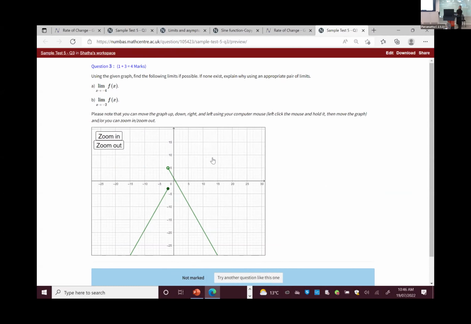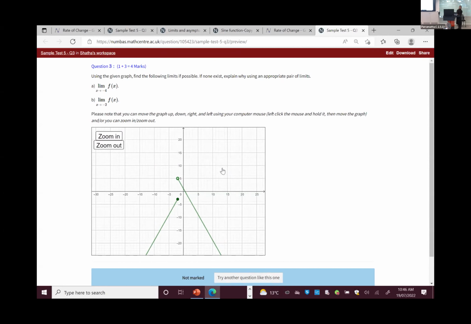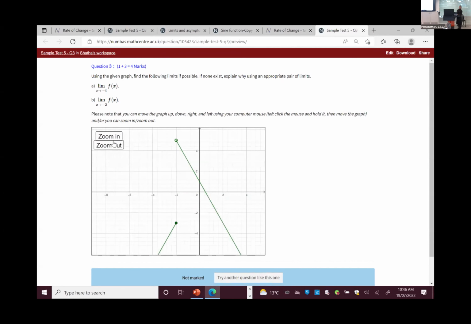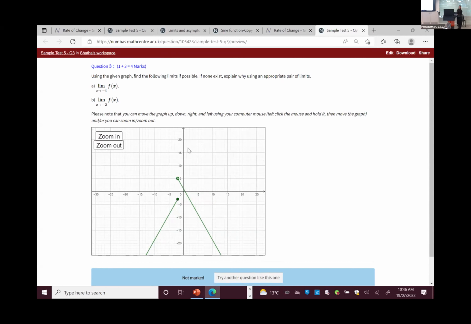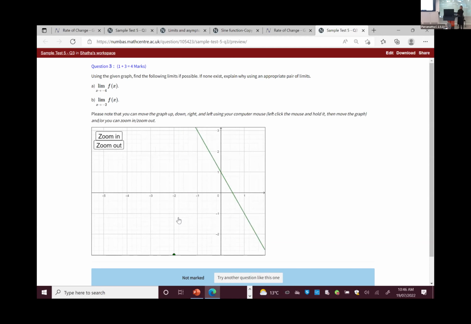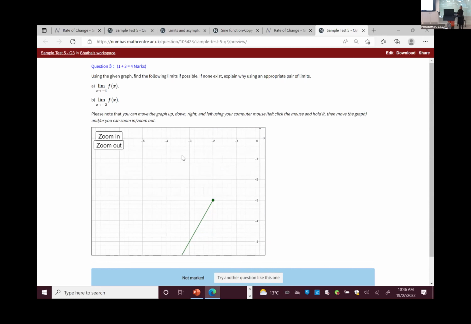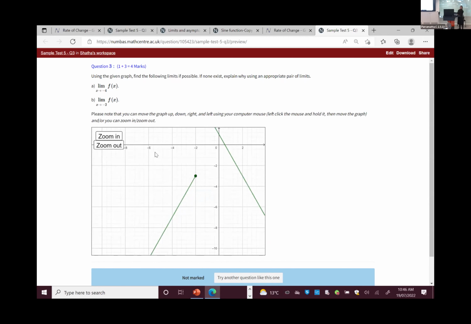They can grab it, click, move. They can zoom in, zoom out. If I'm searching for the limit as x approaches -4, and I can't see -4 here, zoom in, search for -4. Where does it intersect? It's too big, zoom out. -4, where does it... I cannot say this.